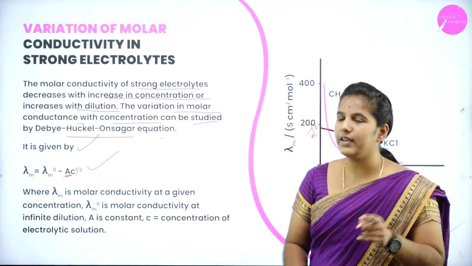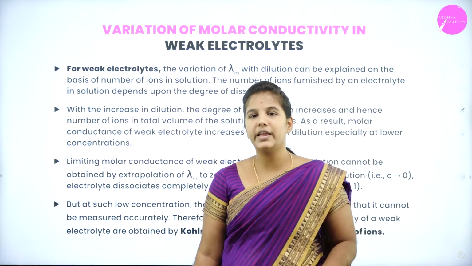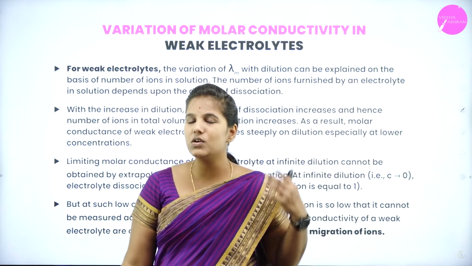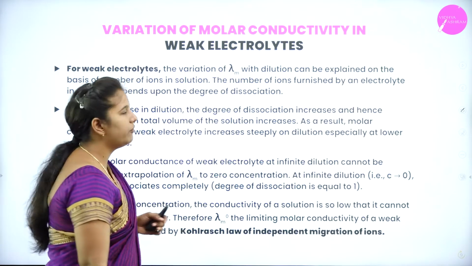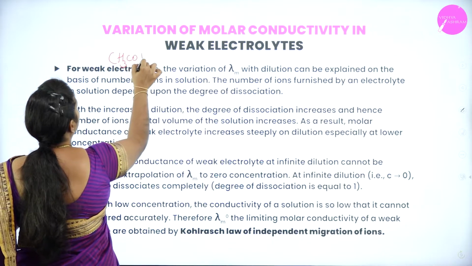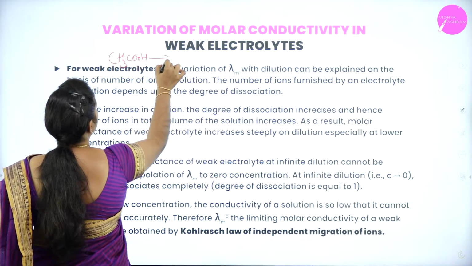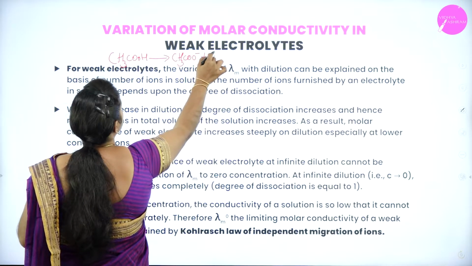Let's see the weak electrolyte. Already we have understood that in the case of a weak electrolyte, the degree of dissociation plays a role during dilution. What is the degree of dissociation? For example, if you take acetic acid, CH3COOH, it gives rise to acetate ion and H plus ion.